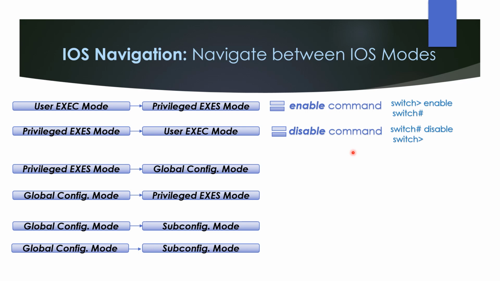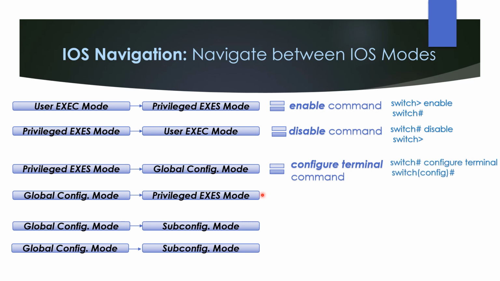To move in and out of the global configuration mode, you have to use configure terminal. So from privileged exec mode, to go to the global configuration mode, you have to use the command configure terminal, and here is how it will look.